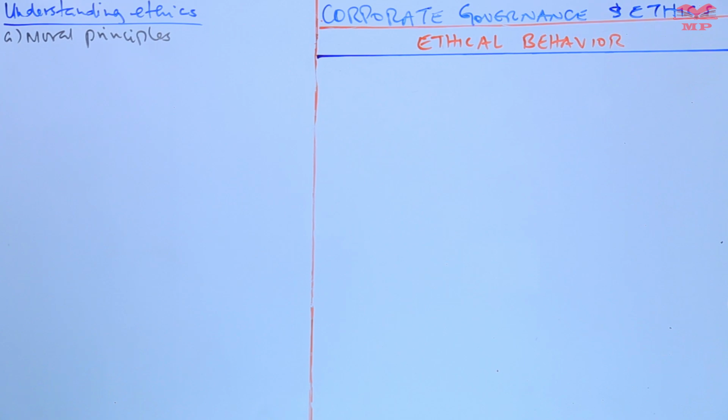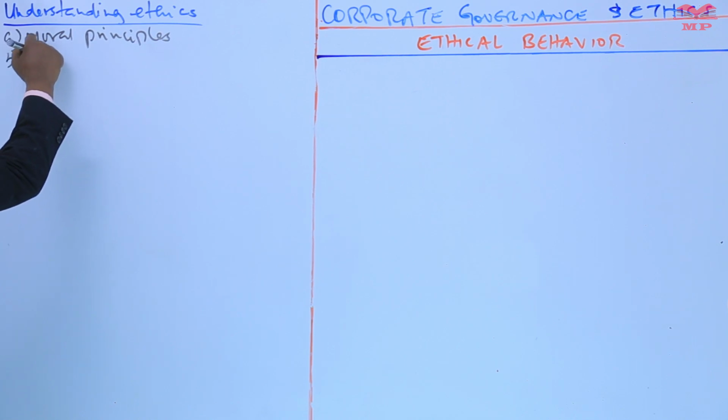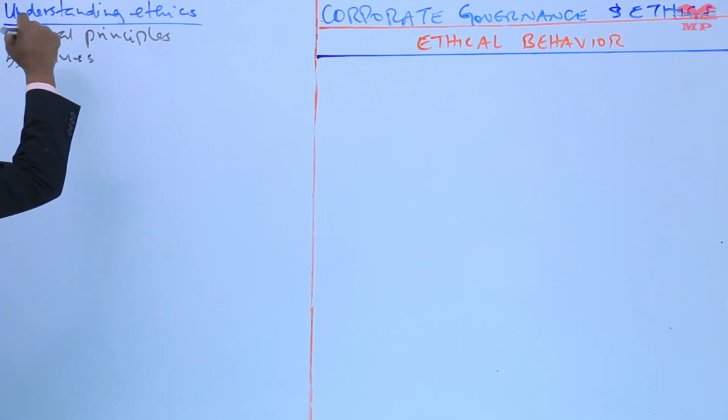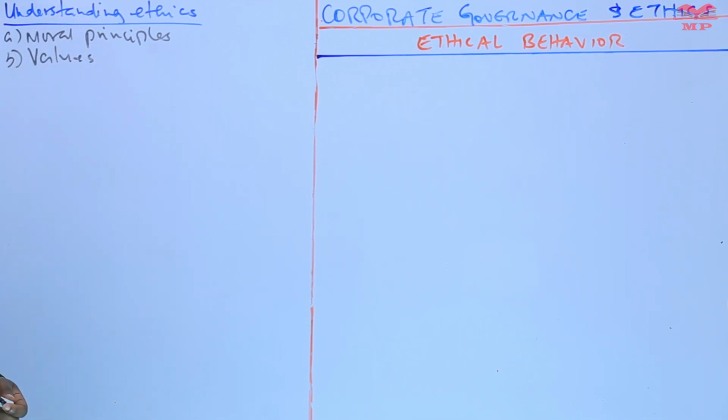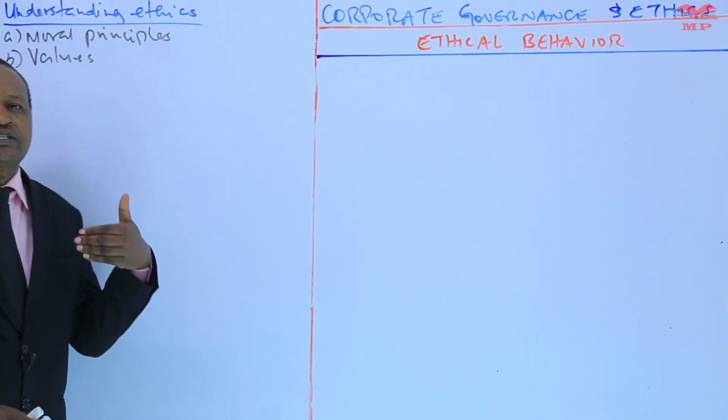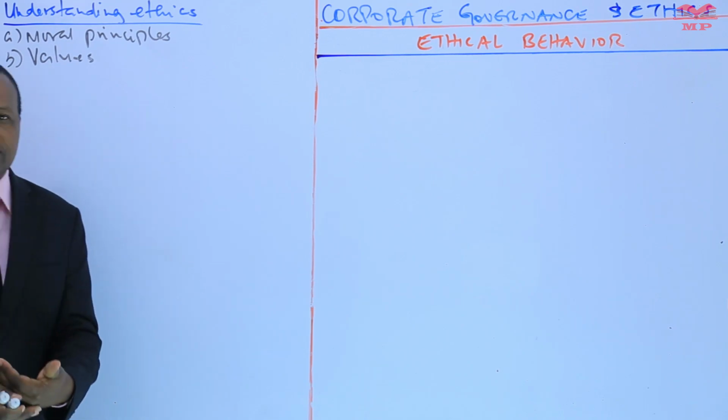The second key aspect of understanding ethics is values. Values are deeply held beliefs about what is important and worthwhile. Values influence our attitudes, our behaviors, and also our choices.